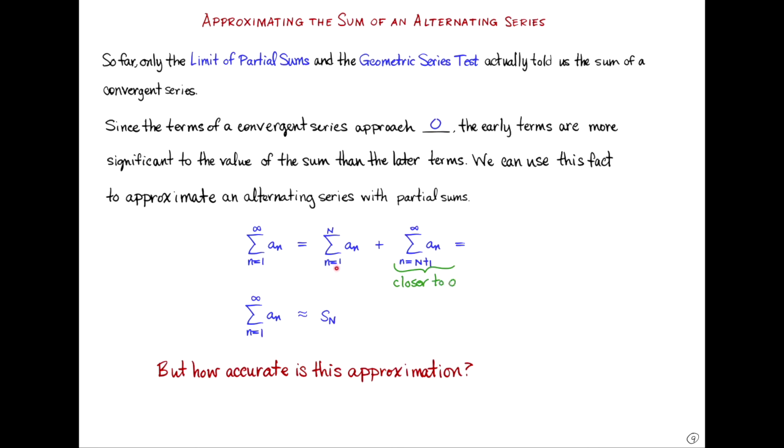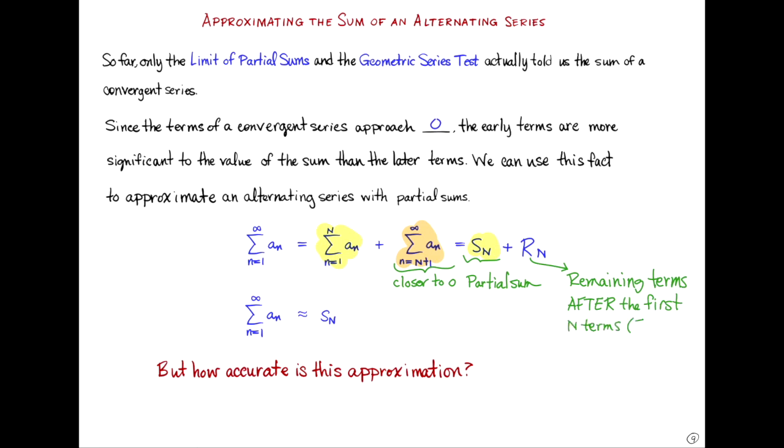These are the end terms, so they're going to be the ones that are closer to 0. The sum of the first n terms of a series, that's our partial sum. And since we're using a capital N here instead of a K, we're going to call that S sub n. This is our partial sum. And then all the remaining terms after that are what we call R sub n, where R sub n is the remaining terms after the first capital N terms.